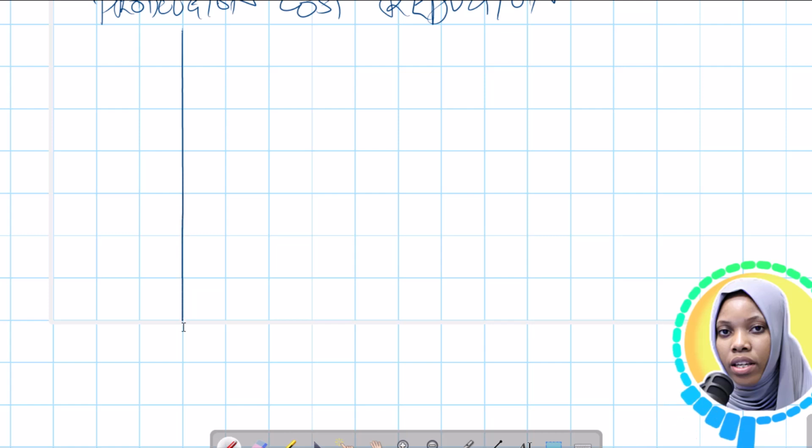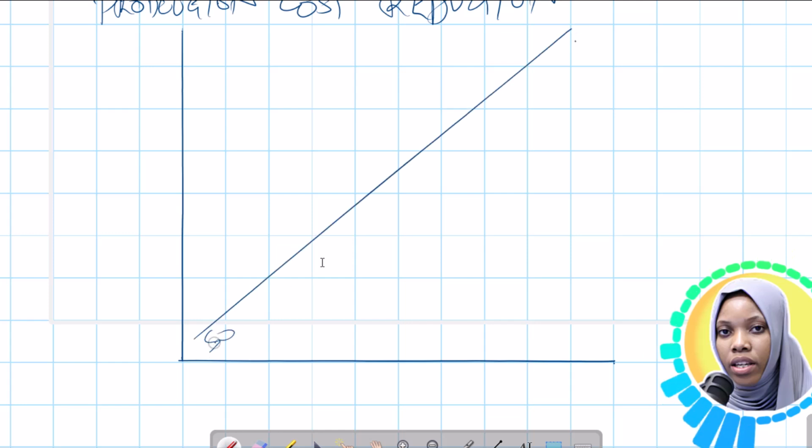Is it going to increase or decrease? Again, have our supply curve as SO, that is original, and our original demand curve is DO.